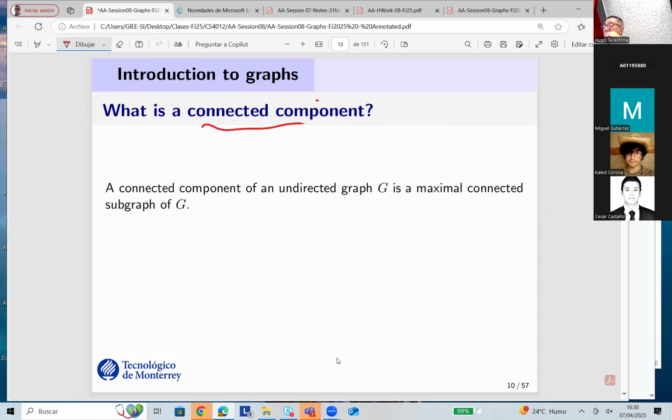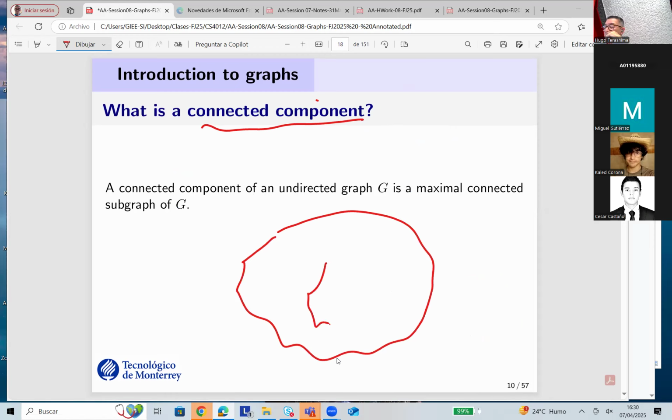A connected component of an undirected graph is a maximal connected subgraph of G. I have G here, and what I'm looking for is a connected component. Connected means that I have pairs of nodes that are connected, but sometimes in a graph G I have several connected components.